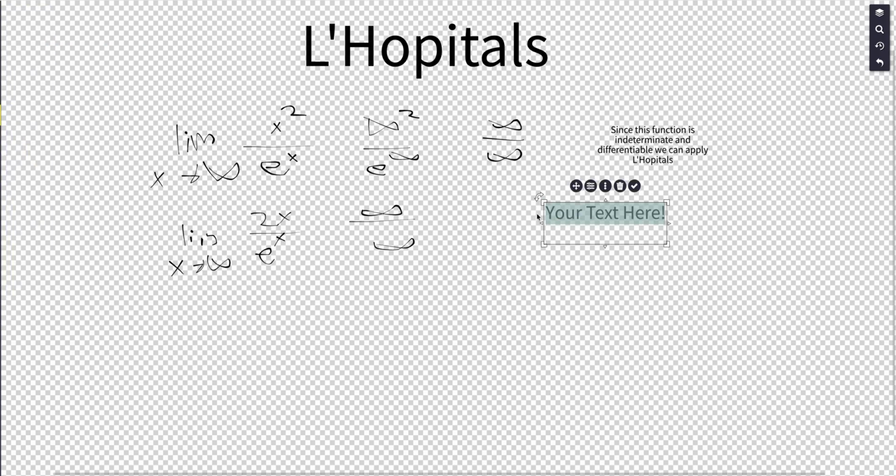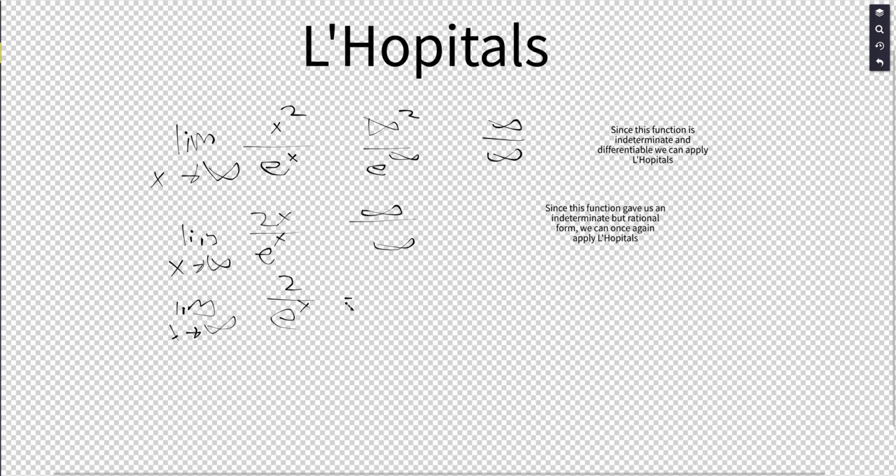So what we would say, we'd write another statement, right? Since this function gave us an indeterminate but rational form, we can once again apply L'Hopital's. So we once again apply L'Hopital's rule here. So limit as x approaches infinity of 2 over e to the x.